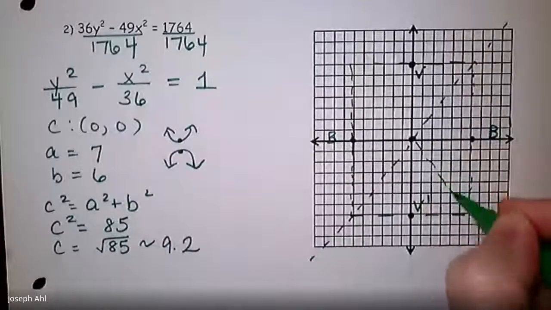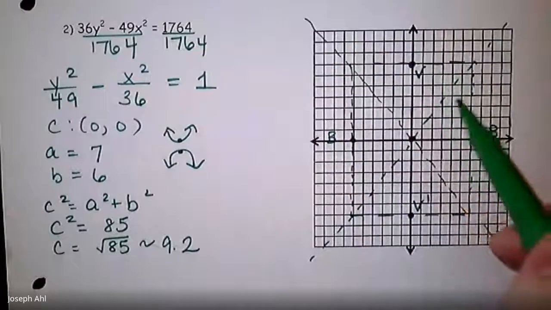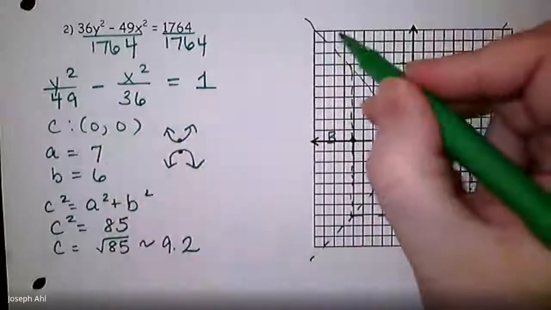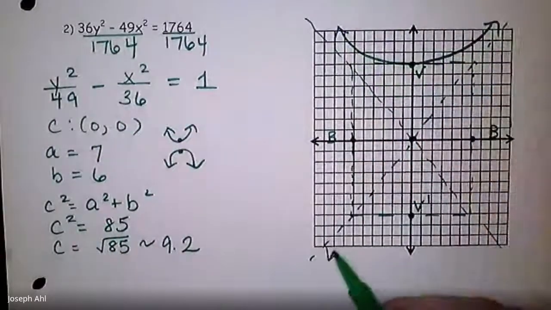Once you have that sketched, go ahead and draw. Remember, I have to go through the center. Draw the diagonals of the box, which go through 0, 0 in this example. Here they are. Okay, and just make sure that this time, instead of opening up left and right like we saw in the first one, because the y squared was first, we're going to open up, we're going to open down.